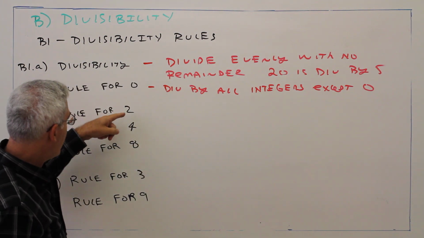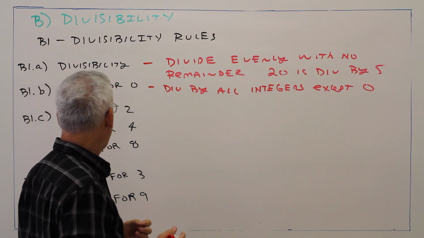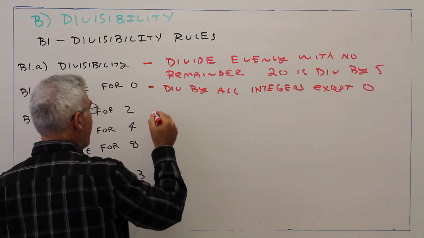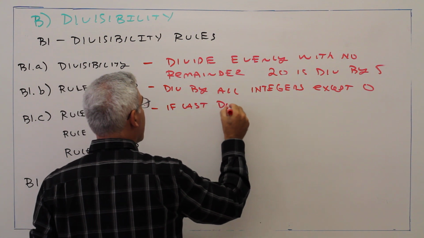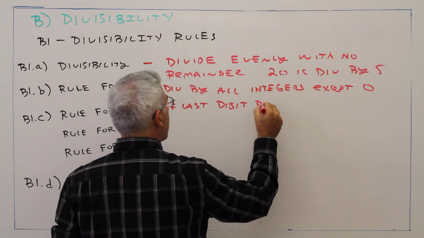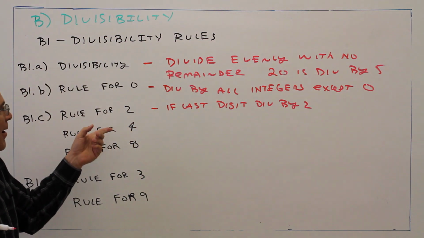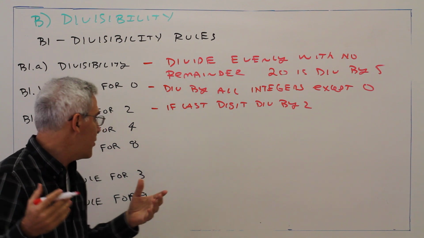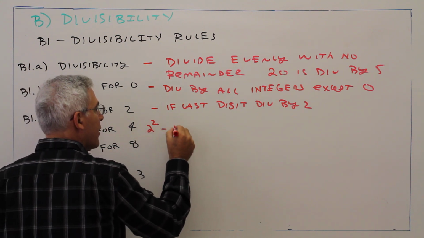All right, I've bunched the rules for 2, 4, and 8 together because they kind of have a similar pattern. So the rule for 2 basically is the following. If the last digit is divisible by 2, then the entire number is divisible by 2. For 4, I'm going to write that as 2 squared.